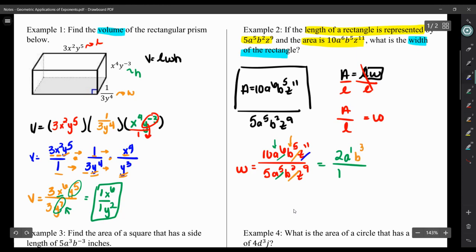Finally, we have z to the 11th over z to the 9th. Again, division, subtract your exponents. 11 minus 9 is 2. And then keep them where there's more, which was at the top, so z squared. So our final answer is 2a b to the third z squared. There's the missing side length.